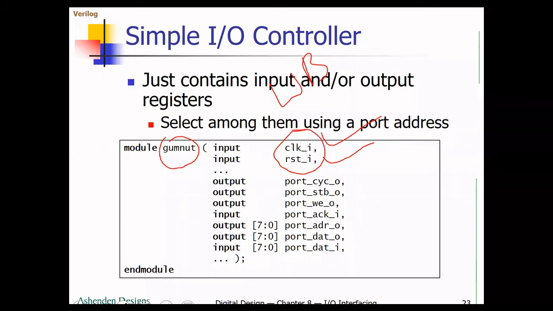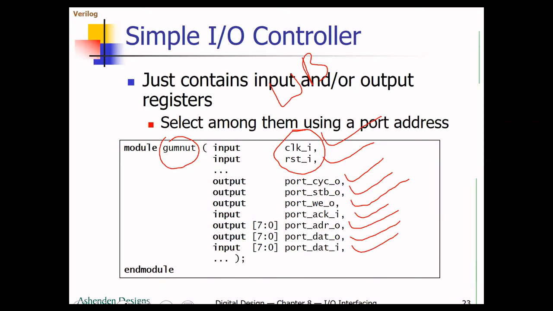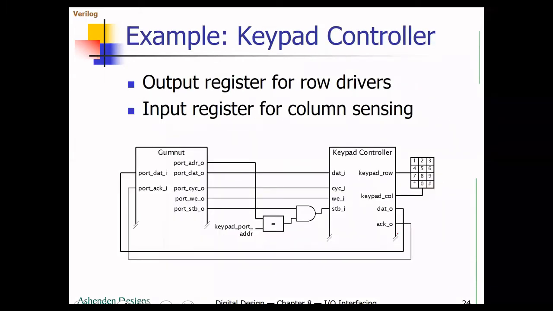And here you will have something called port cycle output, port strobe output, and port read write output, and there will be port acknowledgement input, which will be an input to the circuit from the IO device. Okay, and port address, port data out, port data in. So these are the signals which are available in a simple IO controller.